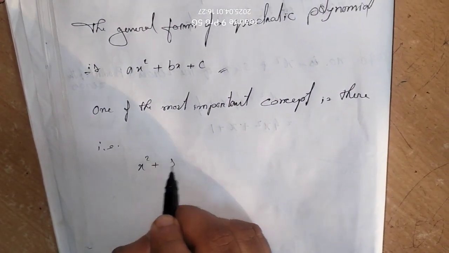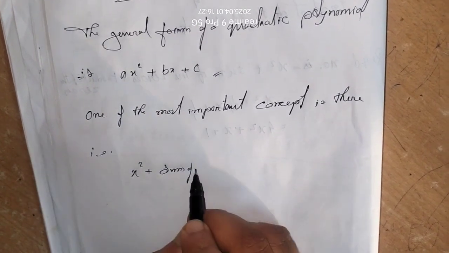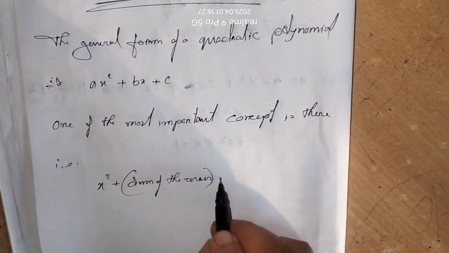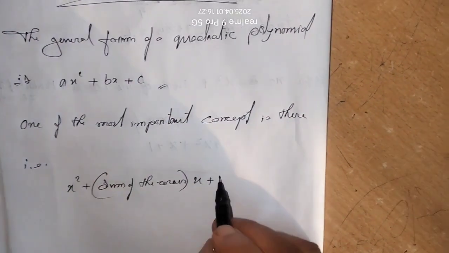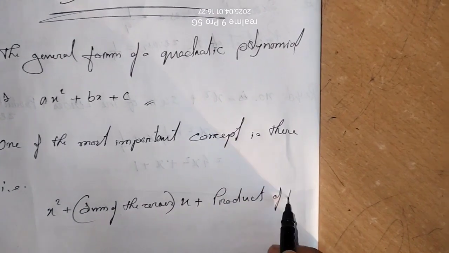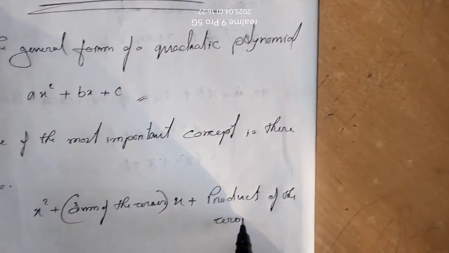x square plus, sum of the zeros, x plus product of the zeros.